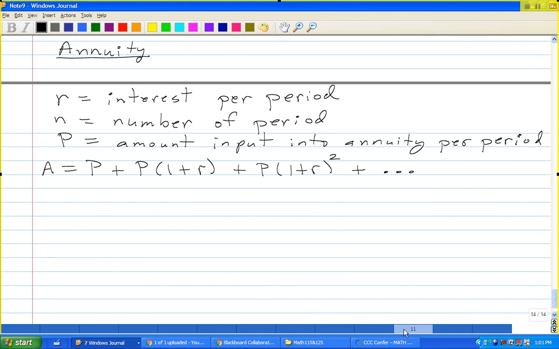This is just telling you how much money you currently have in this instrument, where you have input P dollars per period, having a fixed interest of R per period. And let's do this for N periods. Well, if you do that, by the formula, recall that S sub n is equal to A1.